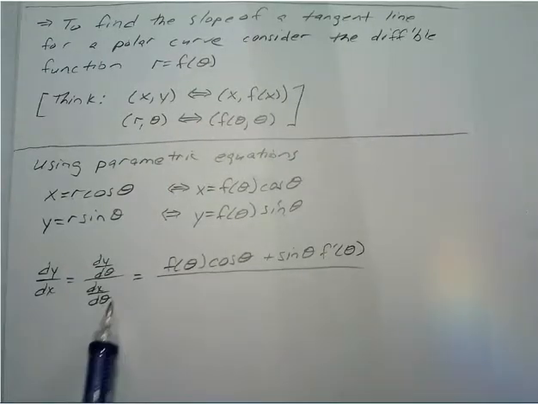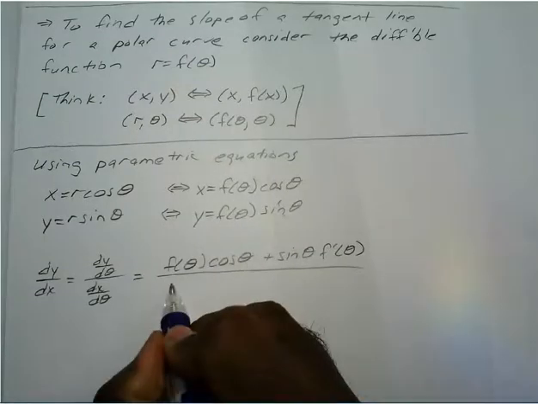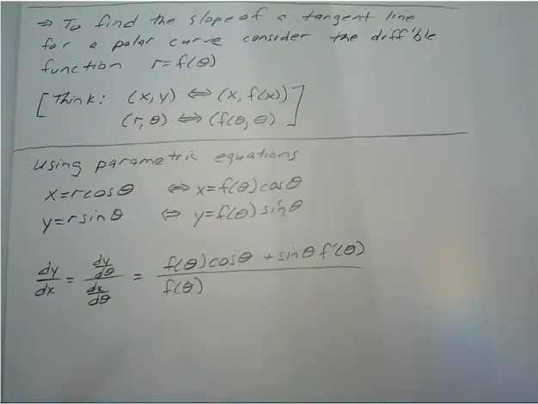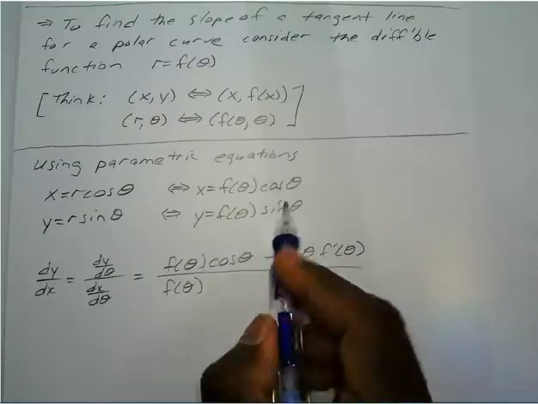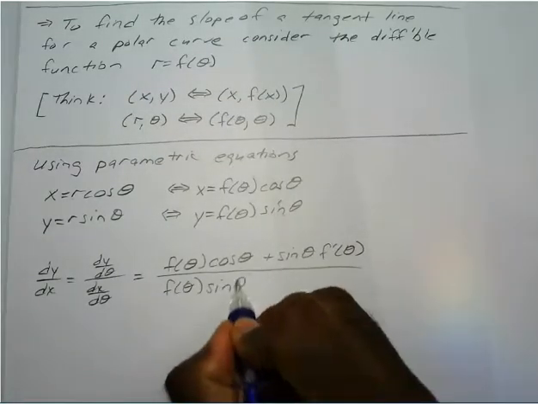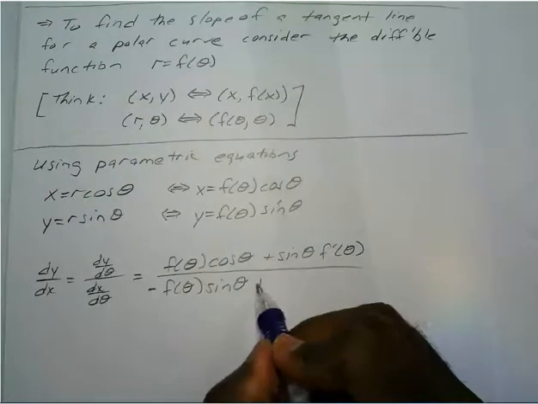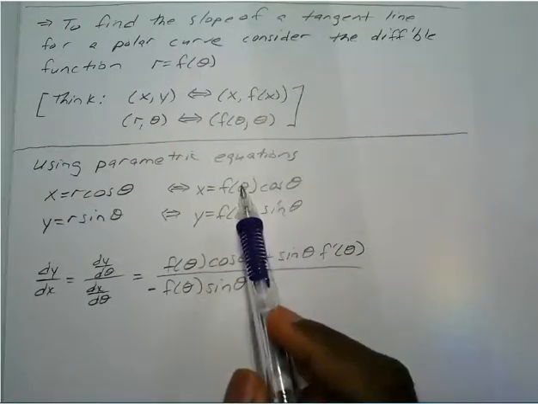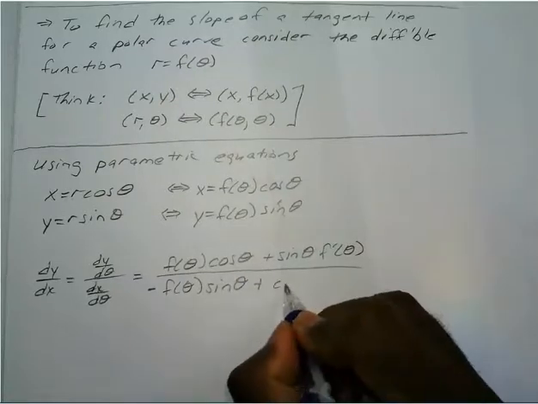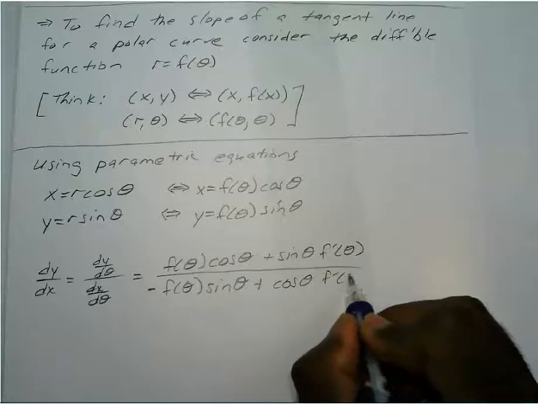over dx d theta. You have the first times the derivative of the second, so you have f of theta. Derivative of cosine is negative sine, so we have negative sine of theta, plus the second times the derivative of the first, so you have cosine of theta and f prime of theta.